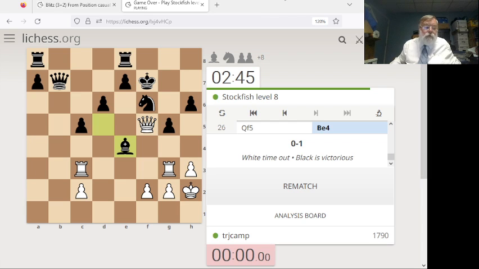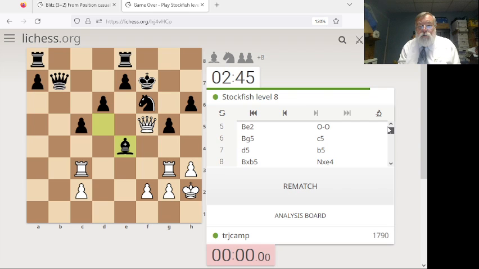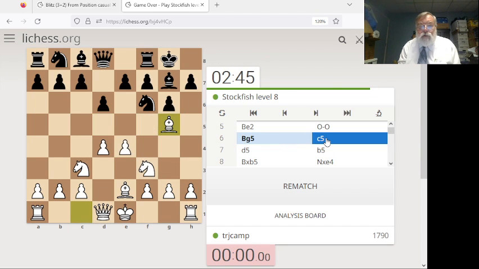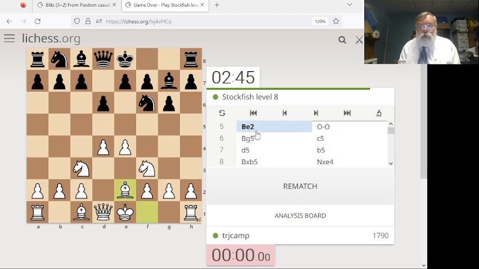Okay, well, I've got something to take back to the study process. 26 moves before I timed out. Well. Okay, so we'll have to see. What's interesting is that I know that in my line, c5 was not the expected move. I believe the expected move for bishop e2 was d5.